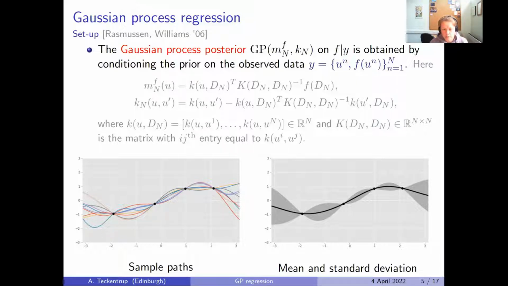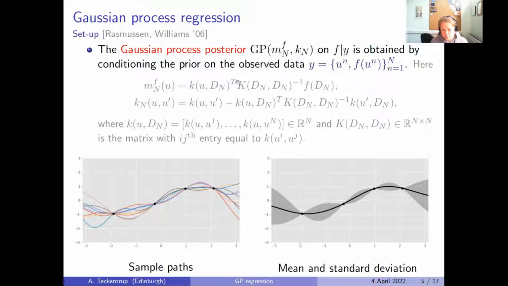That's one of the reasons why Gaussian process regression is very much used in this context: you can actually write down this posterior distribution on f given y explicitly. You know that it is, again, a Gaussian process, but with an updated mean and covariance function. So the mean and the covariance function will get updated depending on the observations.